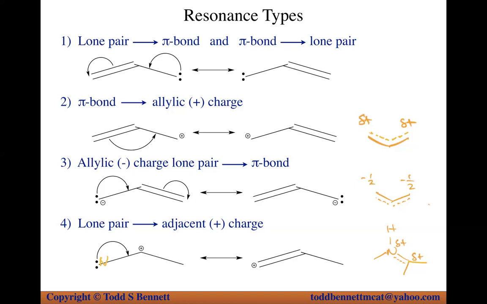And then it has an H and a CH3. And this has a CH3. This is a CH3. And you have an empty p orbital and a lone pair in the p orbital. That's what this represents over there. Okay.